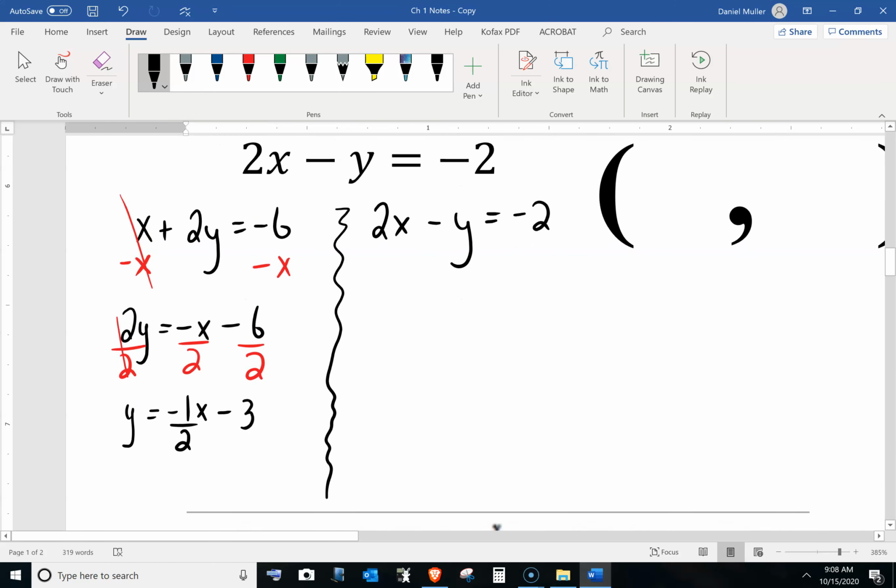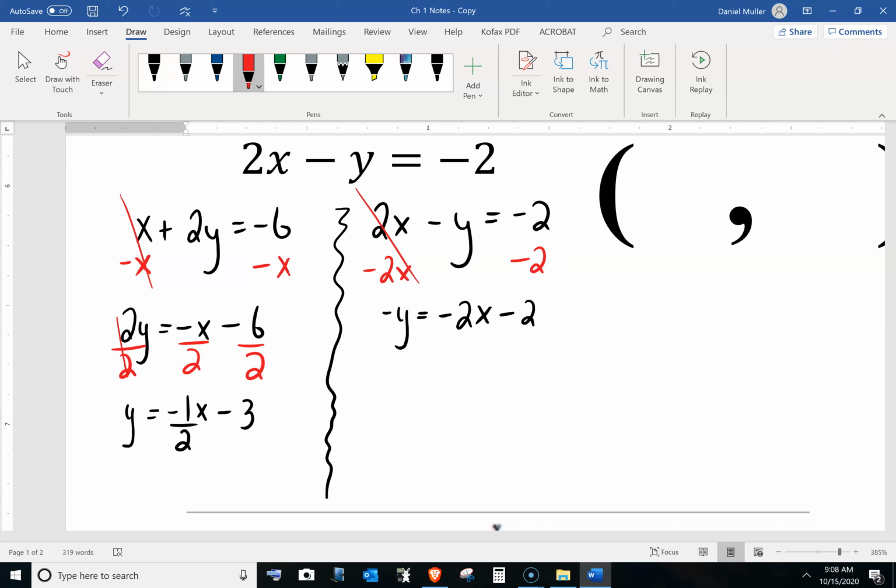Okay, now while we're at it, let's do the other side here. So I will minus the 2x over to this side. Again, I want to get that y alone. Now it isn't alone yet. There's still a negative y, and there's a negative 2x and negative 2. Again, they are not alike, so we will leave them separate. Notice that I wrote the x first. I always do that.